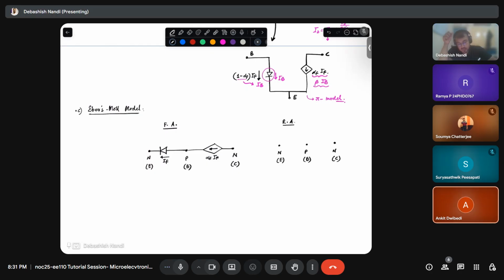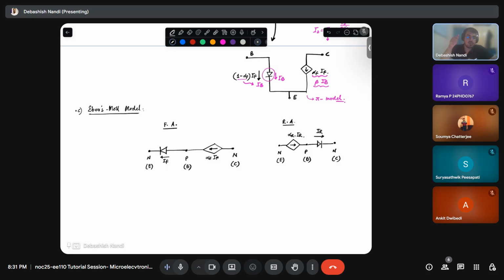Collector base. So this collector base junction will have that diode, and the controlled terminal in that case is your emitter base junction. So let's say now the current flowing is IR, and this will be alpha R IR.